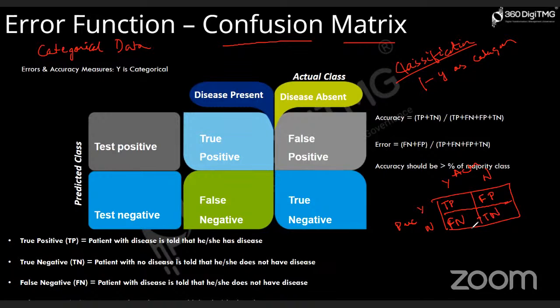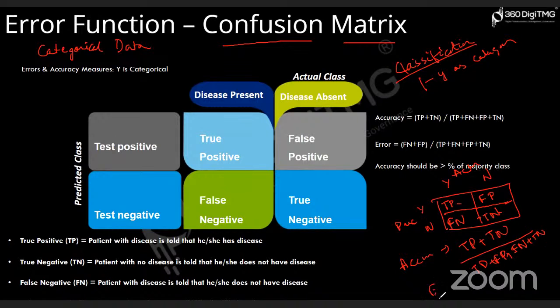So here, if I want to find the accuracy, the value will be the true values, both the true positive plus true negative, divided by the total number of values: true positive plus false positive, false negative plus true negative, all of these values added together.